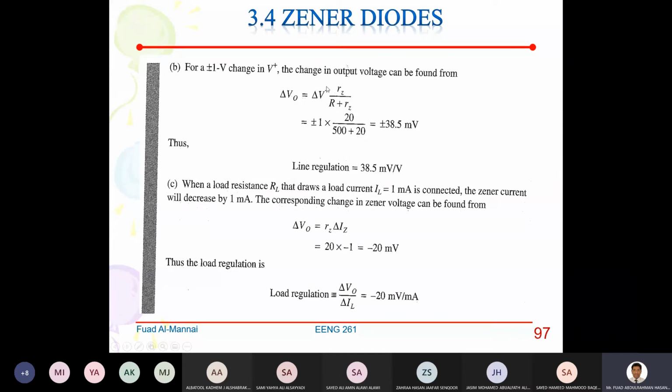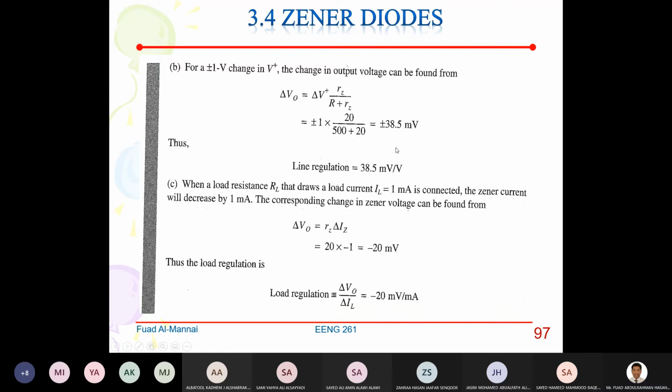He just took the VDR. Substitute plus or minus, and it will give you plus or minus 38.5 millivolt. This is the delta V out. If you divide the delta V out by delta VCC, we call that line regulation, 38.5 millivolt per volt. So that's what line regulation means.